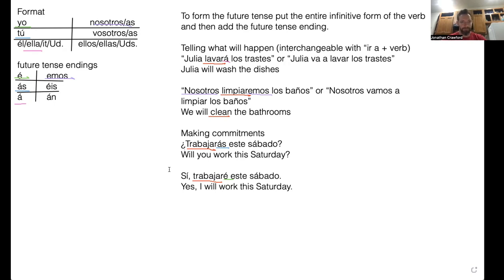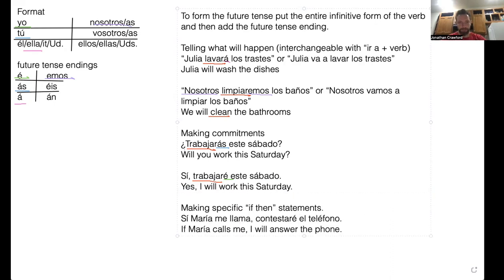So you can also do specific if-then statements with the future tense. Now, the reason why it's a specific if-then statement is because later on we're going to learn about hypothetical if-then statements.